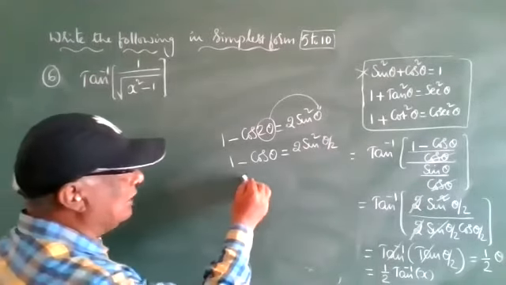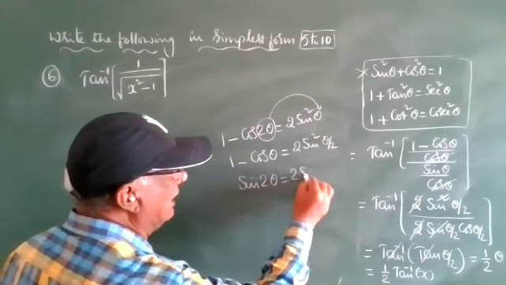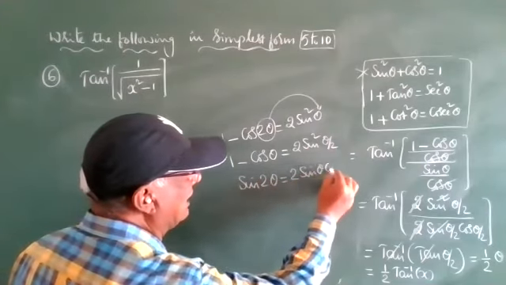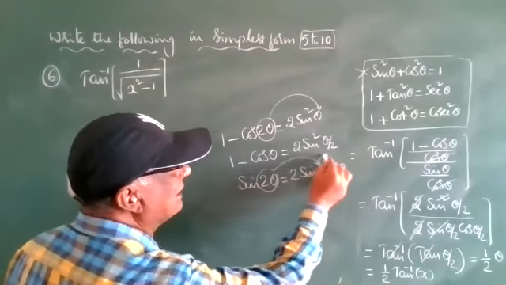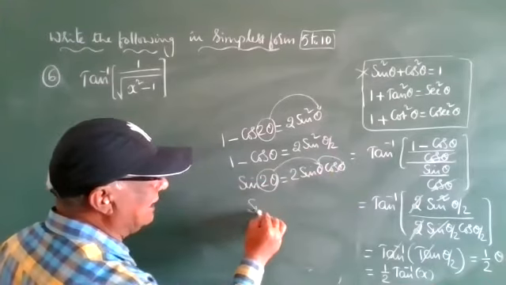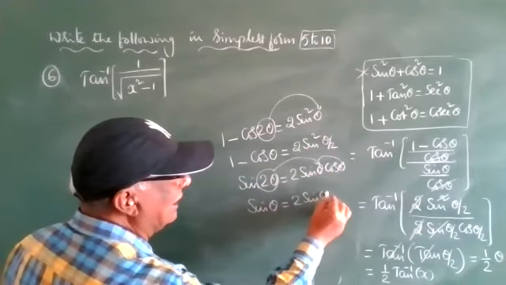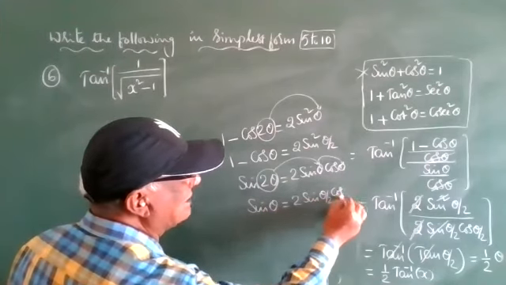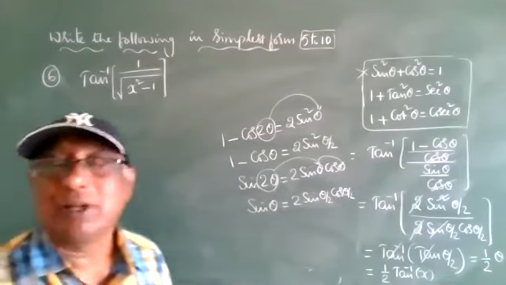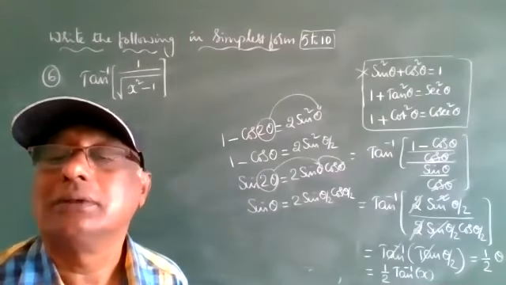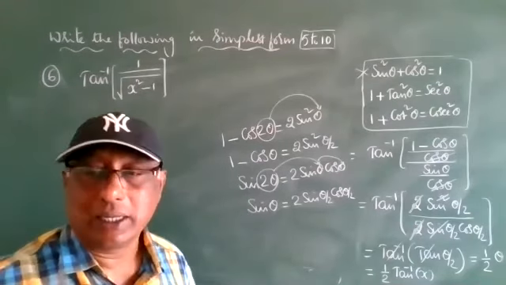Sin 2 theta formula is 2 sin theta into cos theta. Here 2 theta is there, the half angle is theta. But for sin theta, the half angle form is 2 sin theta by 2 into cos theta by 2. Is it clear?